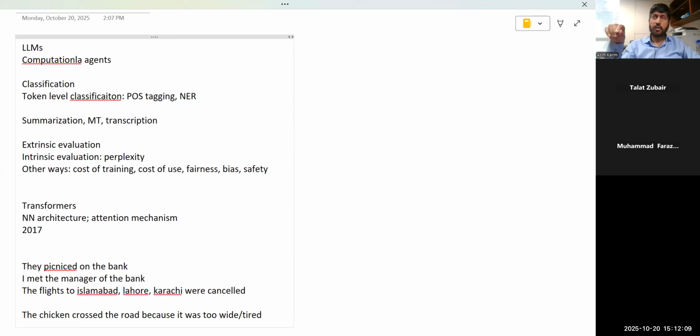But let's say मैं tired use करूंगा, तो then that tired is referring to the word chicken. So again, different attentions of a particular word based on the context. And we would like to learn this attention, and this learning mechanism is thus provided by a transformer.